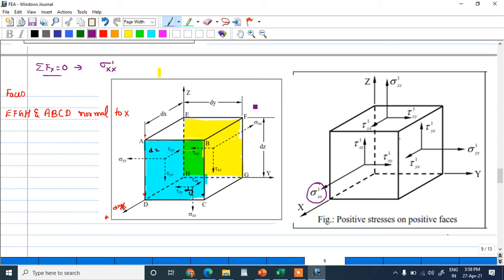Not only that, we should also multiply the area. It is acting on this particular face, ABCD, so I should get the length of this as well as this. That is nothing but dy dz, that is done.